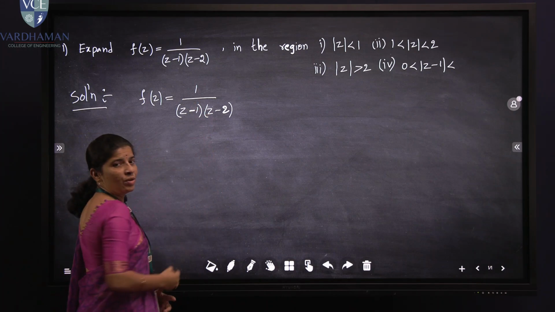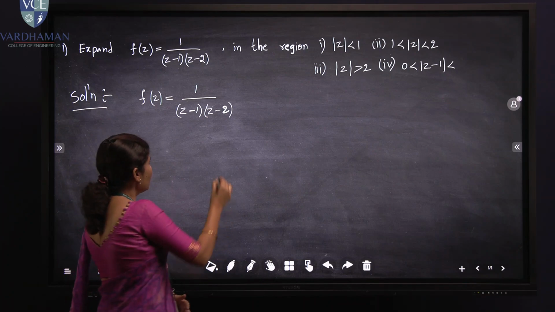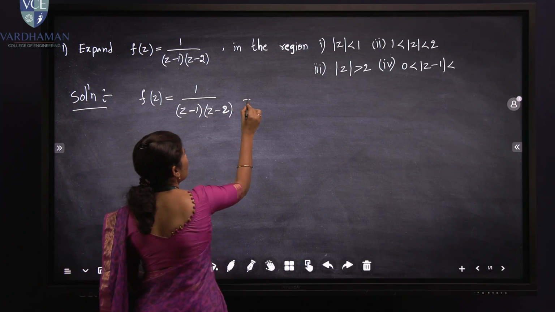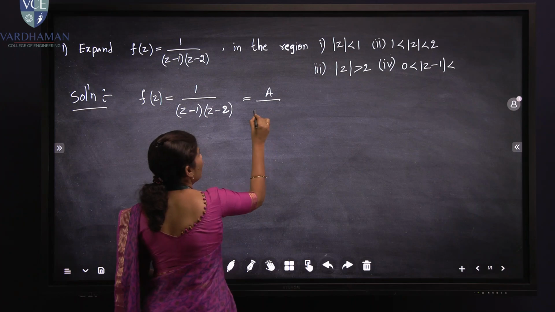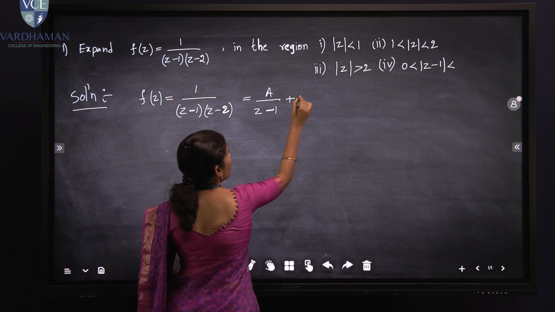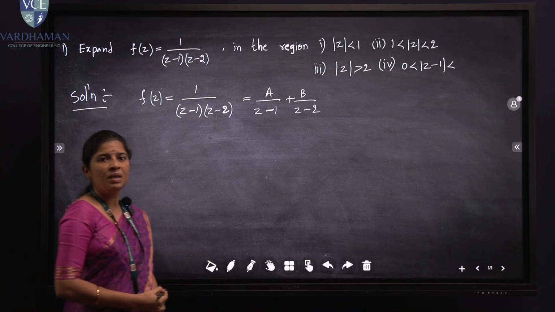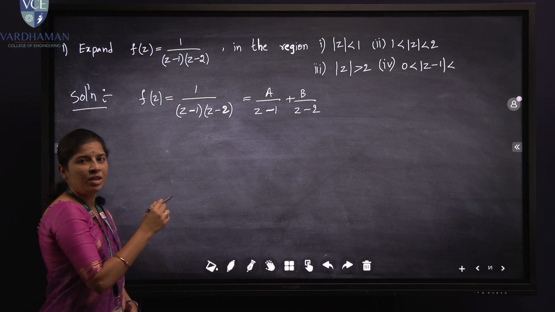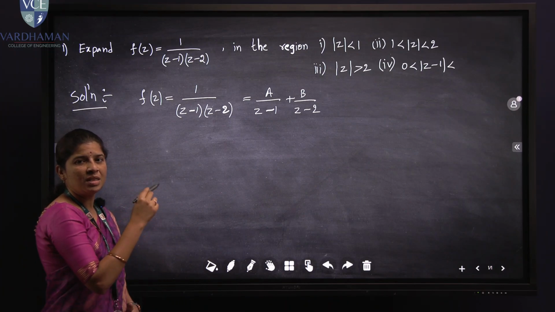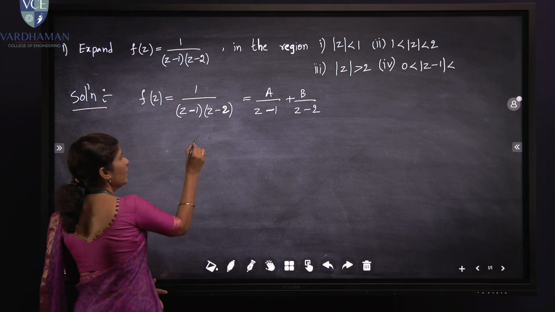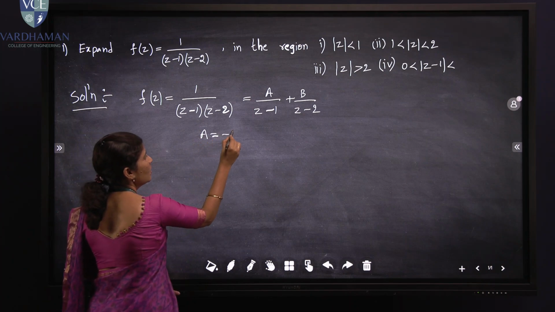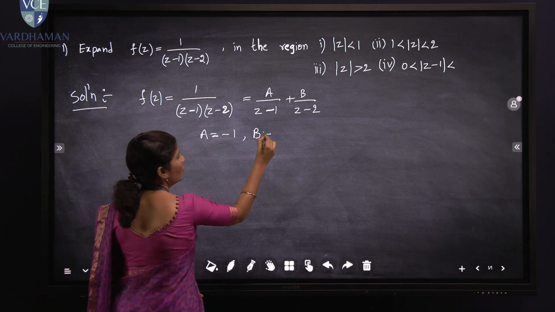That is, we divide into a upon z minus 1 plus b upon z minus 2, and after separating the partial fractions and simplifying this equation, we will get the a value is minus 1 and the b value is 1.